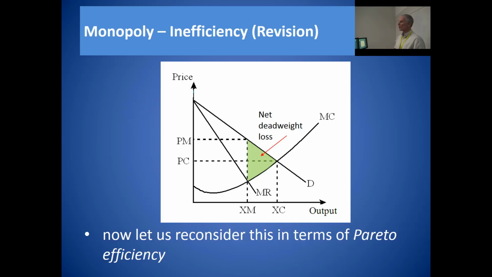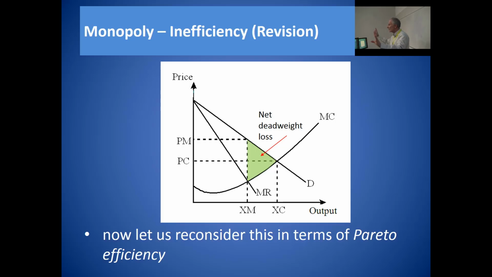What I want to do now, though, is that little bit something extra: reinterpret that diagram, but not in terms of those net consumer and producer surpluses, but rather revisit that diagram in terms of this concept of Pareto efficiency.